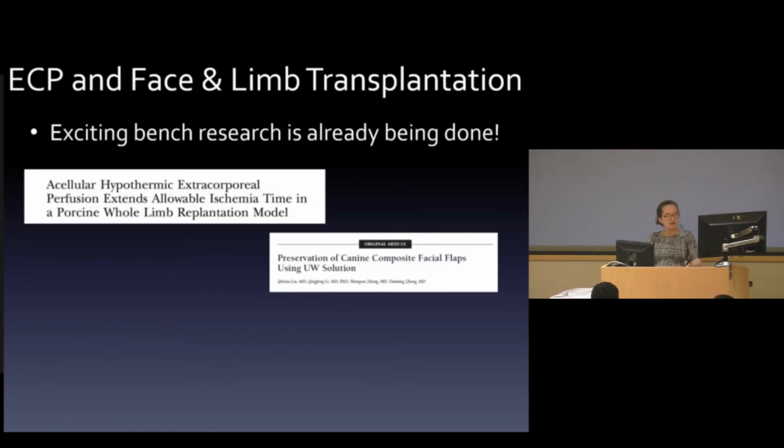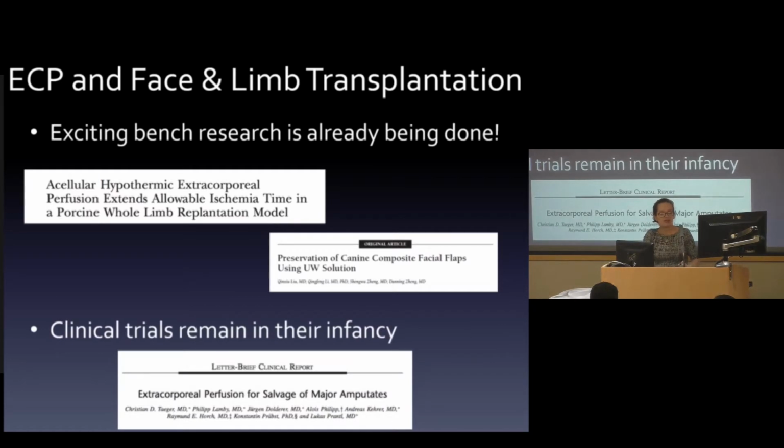So, exciting research is already being done in these areas, demonstrating extension of the allowable ischemia time in porcine limb models and also canine composite flap models. Clinical work is still a little bit in its infancy. There's only one published case series here of using extracorporeal perfusion for limb salvage. This was a 2-case series of amputated lower extremities.